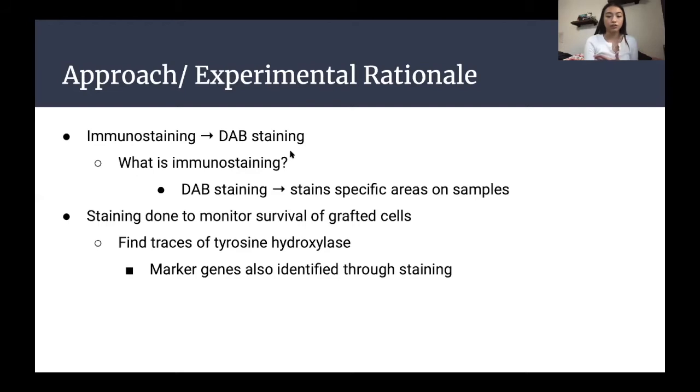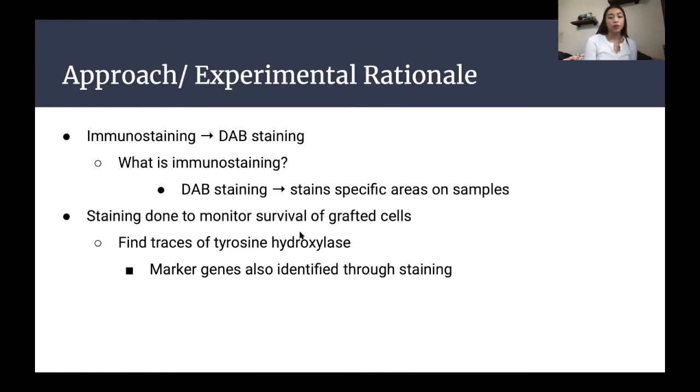An enzyme is actually responsible for this oxidation. So the precipitate will form in areas where the enzyme is present on the sample. And after the staining is done, usually scientists will use light microscopy or a fluorescent light in order to view the sample, and the light will show what's visible on the sample.